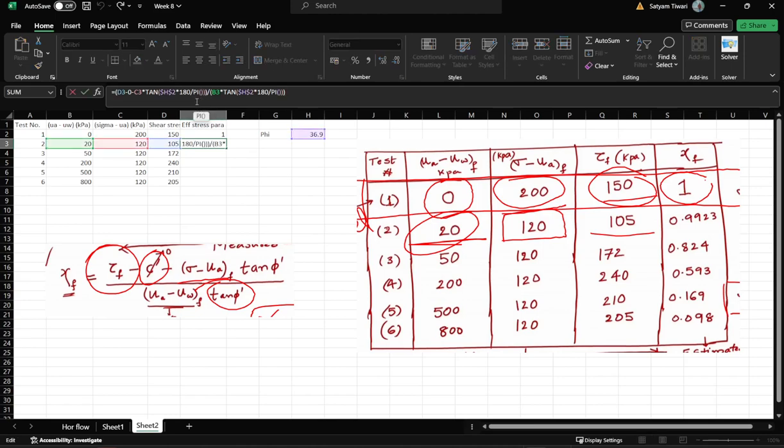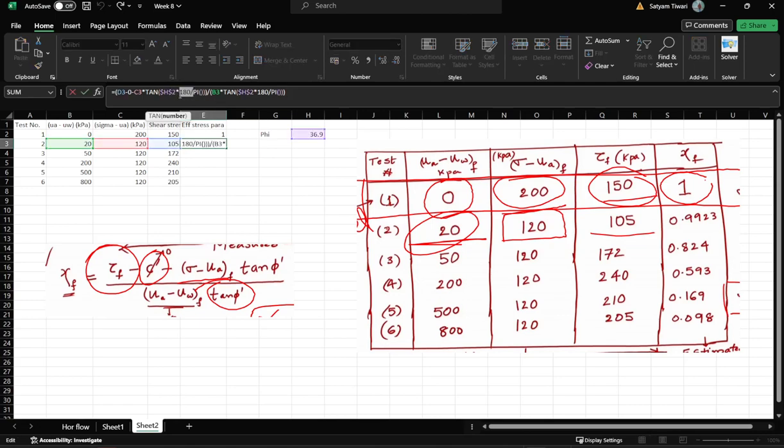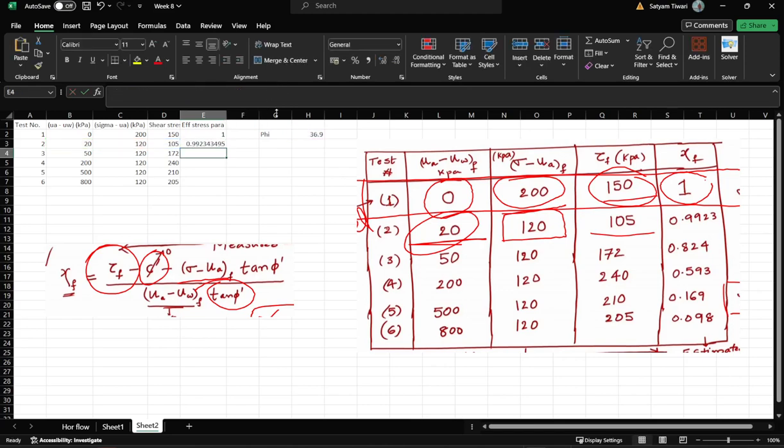Still there's some problem. Let me cross check. Okay, so I think I've done it the opposite way. We will multiply by pi upon 180, and this one also we will multiply by pi upon 180.